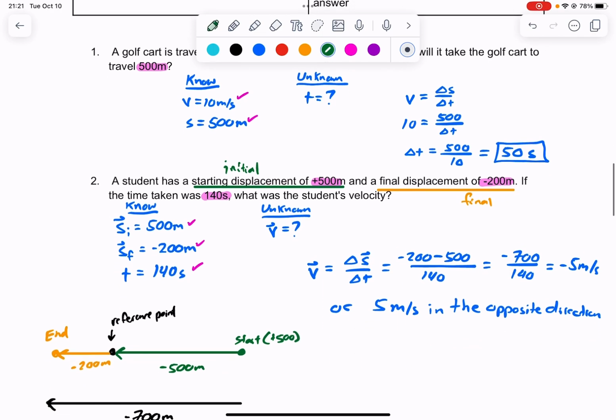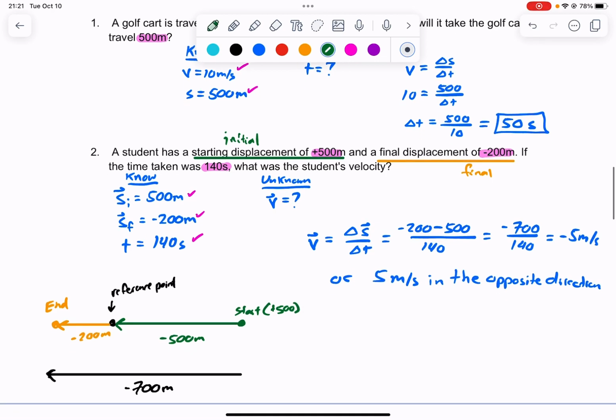Now, if you're trying to visualize this, it's a bit tricky. So this positive 500 that you see up here just indicates that you're 500 meters from the starting position right here, and this starting position is a reference point. So you're starting here, but your reference point for that positive 500 meters is here.